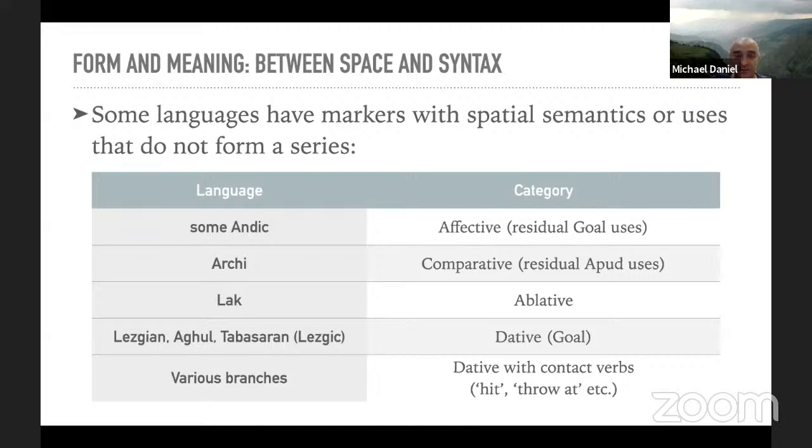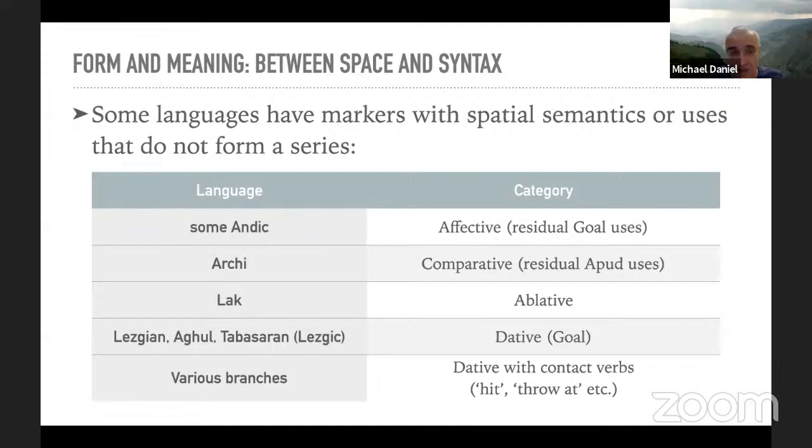In Lezgian, Agul, and Tabasaran, three Lezgic languages, you have extended uses of the dative form in the function of goal. Whether it's contact-induced change or some kind of residual or language-internal development is unclear. But at least you have another case where a clearly syntactic case used for recipients is also used as a generalized goal, like to the city.